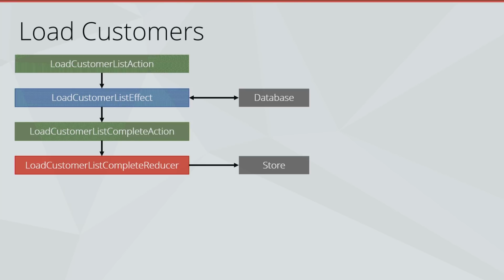That will then fetch data and bring it back to my application. When the effect is finished, it's going to fire the load customer list complete action. This has a payload, and the payload of that action contains the data I've loaded from the database. Then that's going to pass through to the reducer. The reducer can then take that data that's loaded from the database and push it into the store.